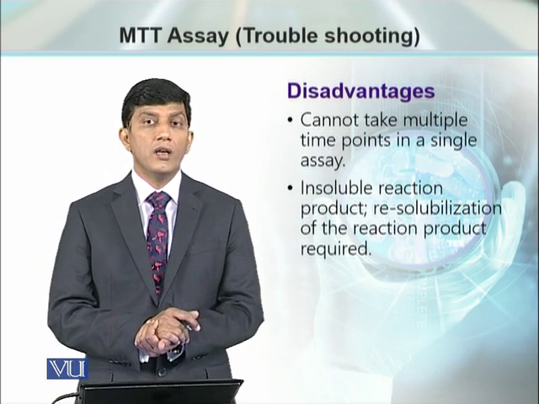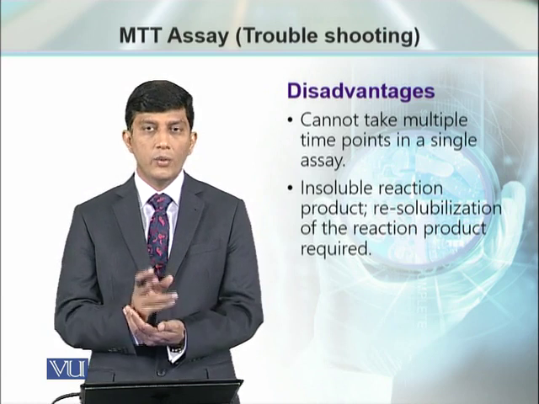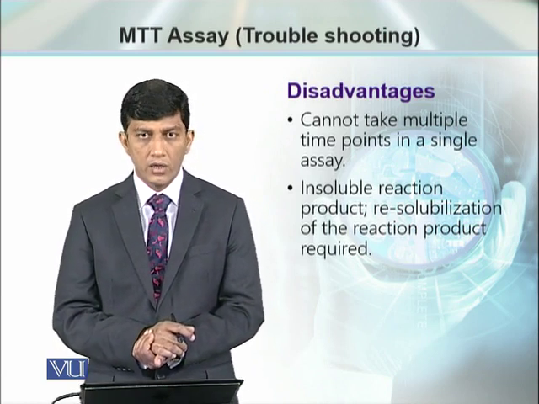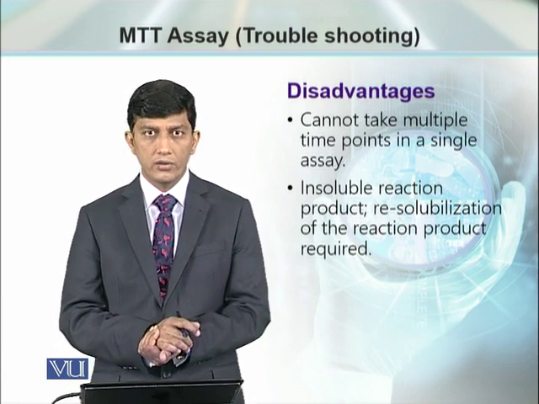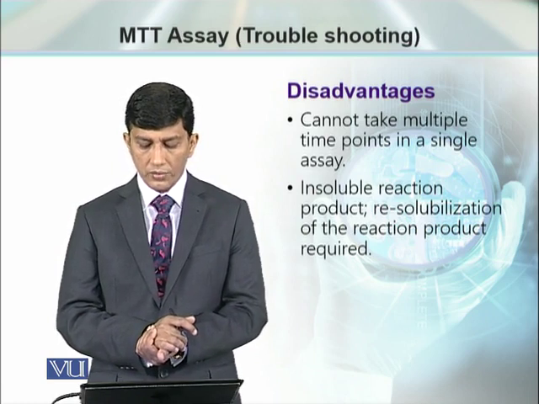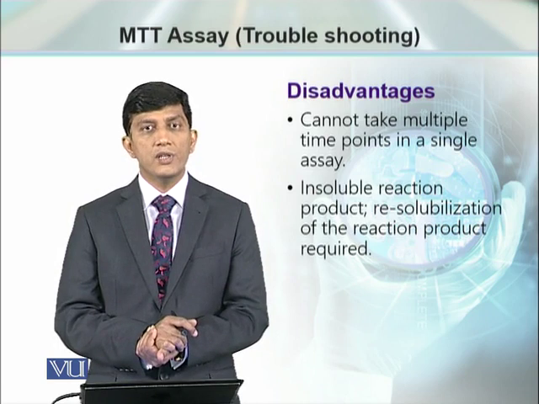We cannot take multiple time points in this assay. It is only a one step assay, we can take only one reading, and then the insoluble reaction product, that is the formazan, needs to be resolubilized.